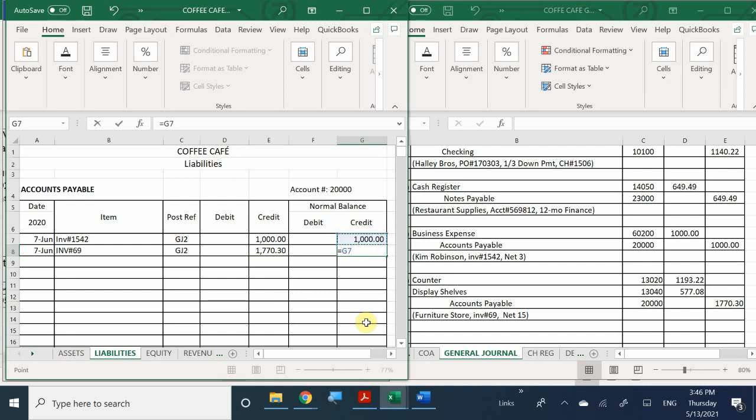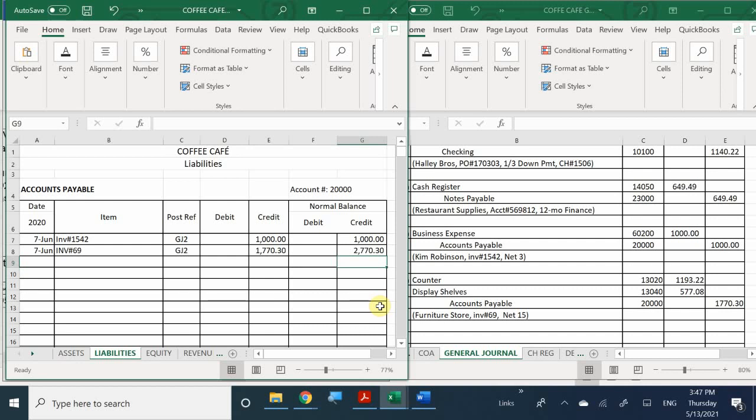So we have a balance of $1,000. We're going to add any credits, because credits increase our account. And then we're going to subtract any debit. So in case we make any payments to a bill, we're decreasing it. So by taking the previous one, adding any credits and subtracting any debits, it's going to give us our running balance.